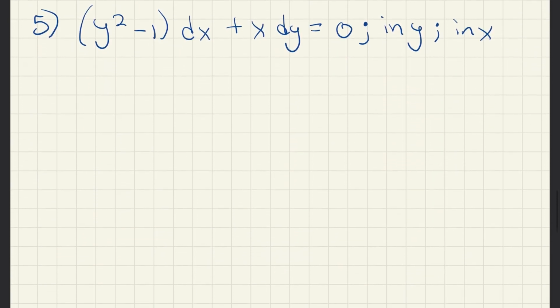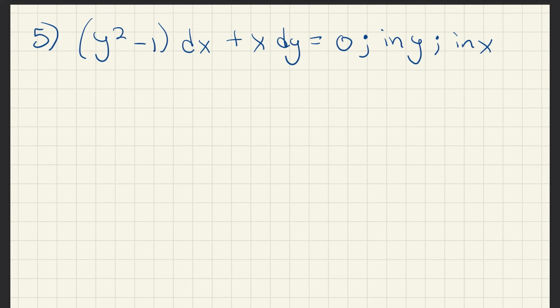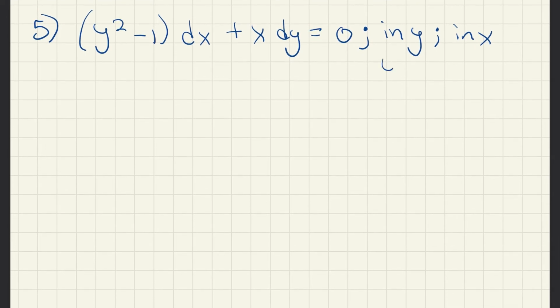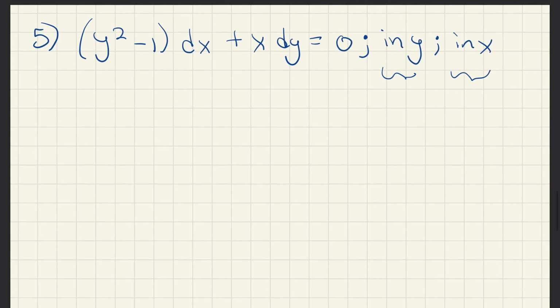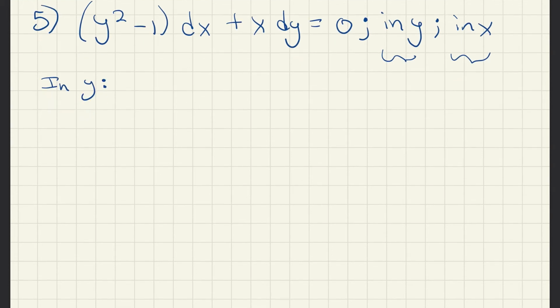Now we have this. What makes this problem different is that now we have to see if this is linear or non-linear in both y and x. So we first have to rearrange this equation. We're going to first solve it for y. I'm going to rewrite this equation.